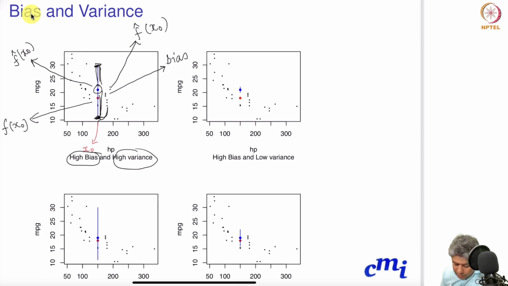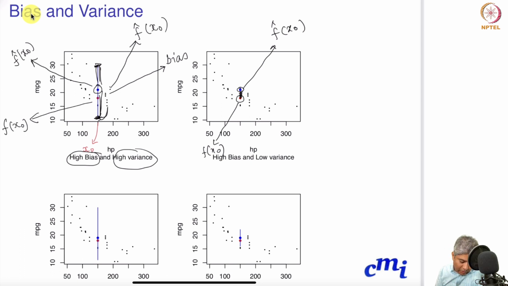Now I am talking about high bias but low variance. Similarly, you can see this is the true f of x0, this is the estimated f hat x0, and the variability is so small, very tight, but with a lot of bias.